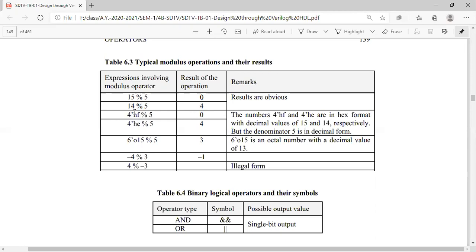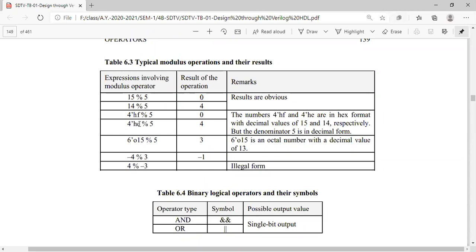Here it's a 4-bit hexadecimal number. All the 4 bits will be F, and 5 is a decimal number here. We want to get the remainder for both.